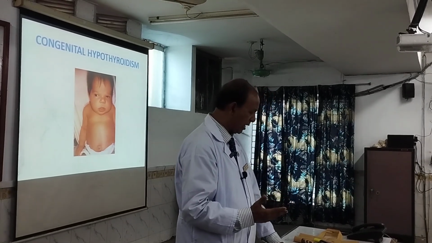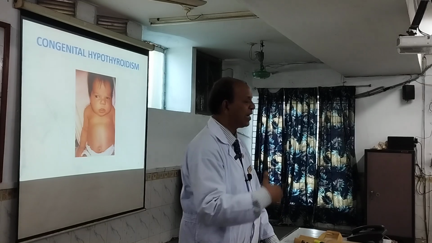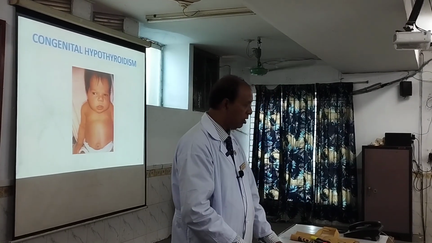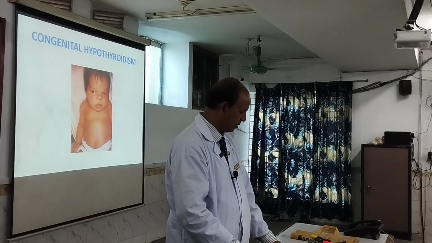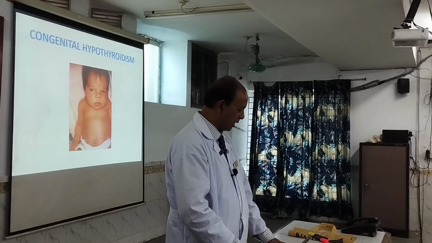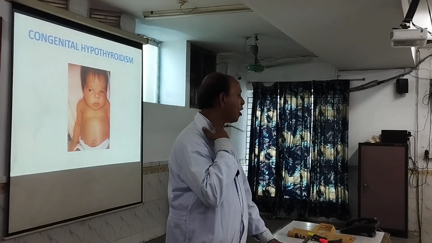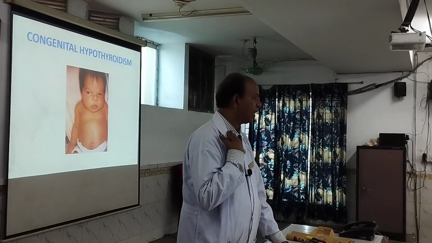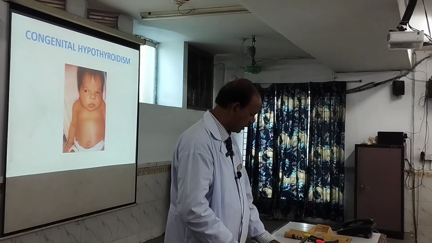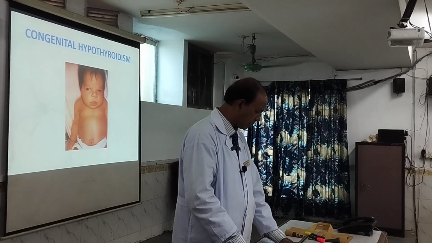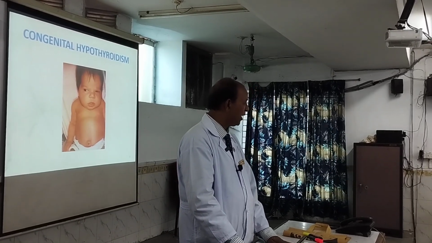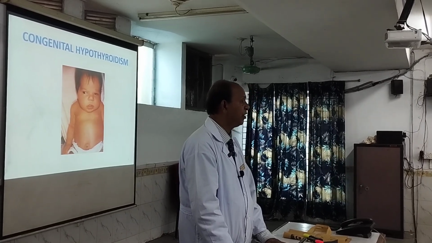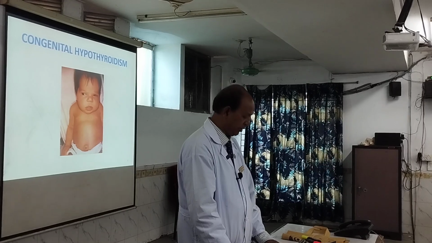There is also abdominal distension with umbilical hernia, cold, mottled and dry skin, and hypotonia. There is shortness of the neck due to excessive fat deposit over the clavicle. Next, edema of the extremities and genitalia. These are the findings of congenital hypothyroidism.